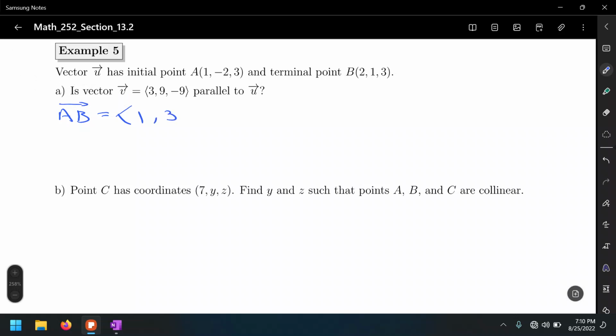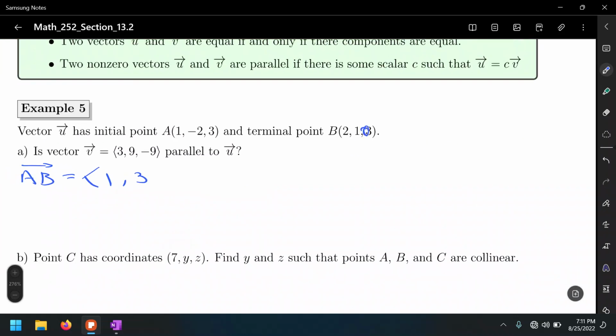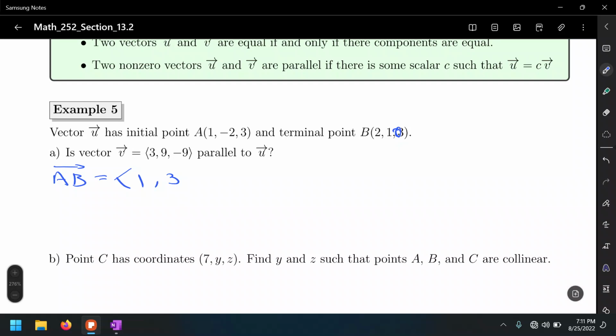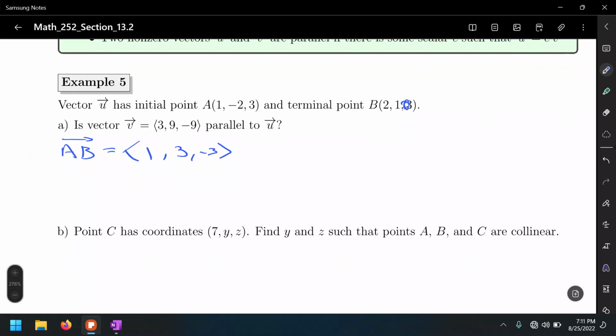And last but not least, there's a little typo here. This component should be 0. 0 minus 3 is -3. I already have my notes here and I just noticed that typo. So we have vector AB.